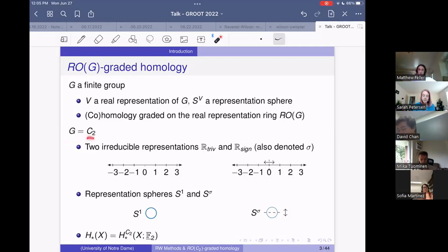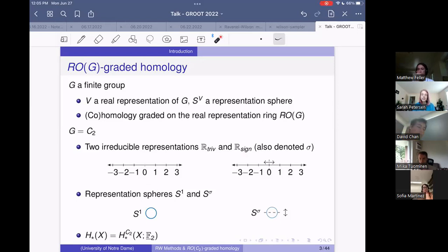So C2 has two irreducible representations, the one-dimensional trivial representation and also the sign representation. So we can think of the one-dimensional trivial representation as having no action on the real line, and the sign representation as something that interchanges the signs.